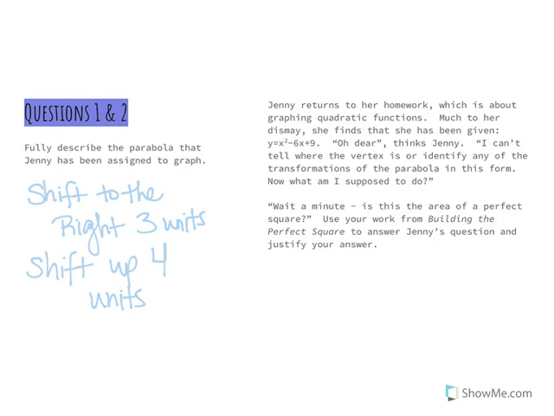So let's think about building a perfect square. If we have a square here that Jenny starts with, which has side lengths of x, and it says that there are negative 6x, that's going to be a subtraction of 3 from each side.